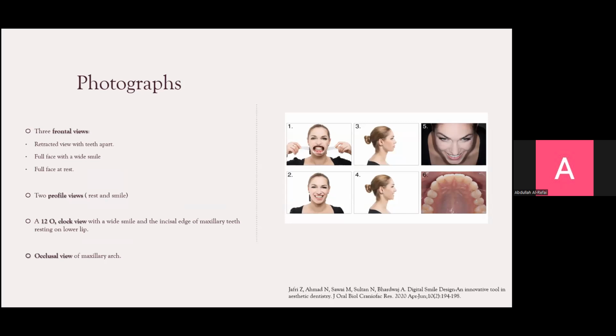Then a 12 o'clock view with a wide smile and the incisal edge of the maxillary anterior teeth resting on the lower lip. And finally, an occlusal view of the maxillary arch from the second premolar to the second premolar. So these are the photographs that we need in order to do a digital smile design.